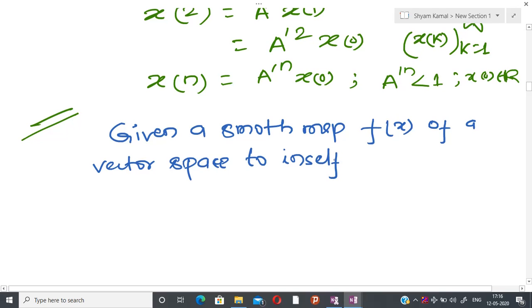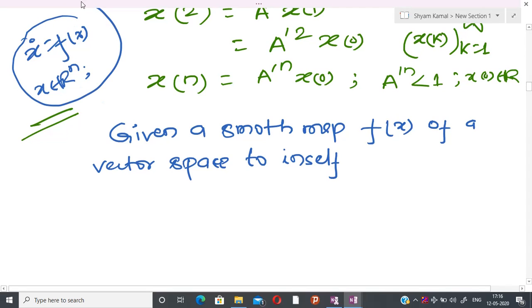Whatever system that is, it is a mapping from the same vector space to the same vector space, and we have already seen that if I take x dot equal to f(x), where x belongs to Rn, then whatever x dot I am talking about is again mapped to the same space. Due to that reason we have written this kind of sentence. And a starting vector, meaning whatever initial condition.